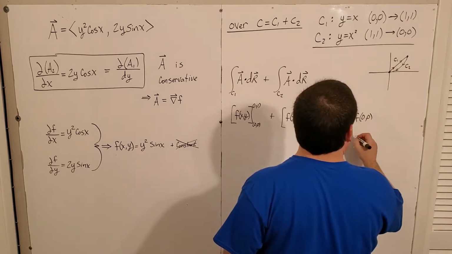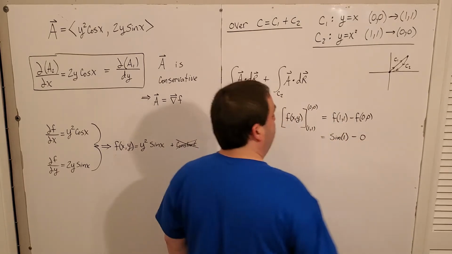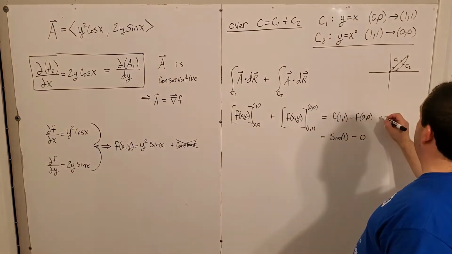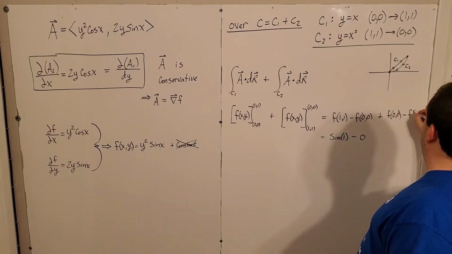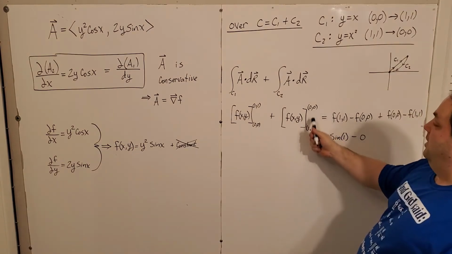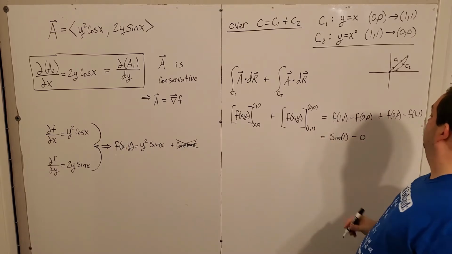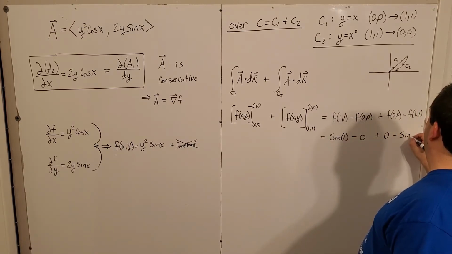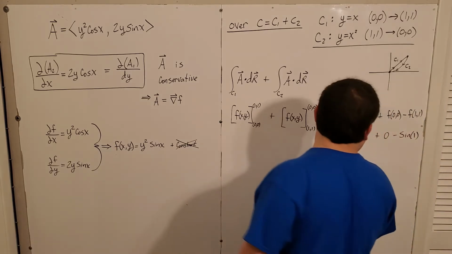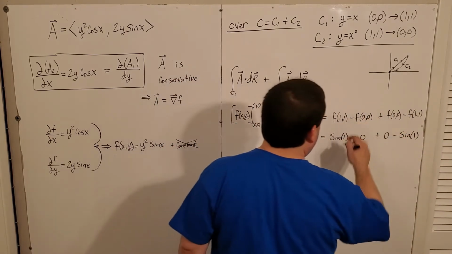F of 0,0 is just 0. Plus f of 0,0 minus f of 1,1. Right? Top minus bottom again. So then I have plus 0 minus sine of 1, whatever that happens to be. And you'll notice the whole thing is 0.